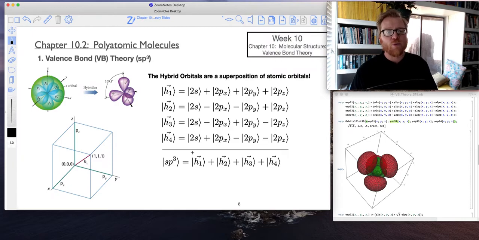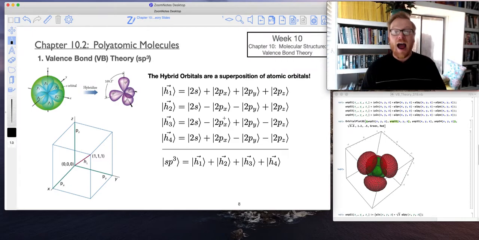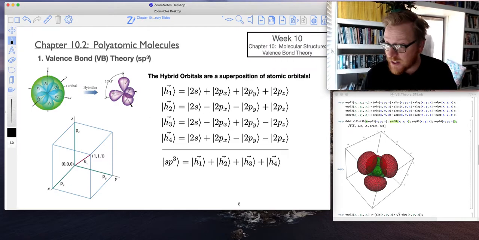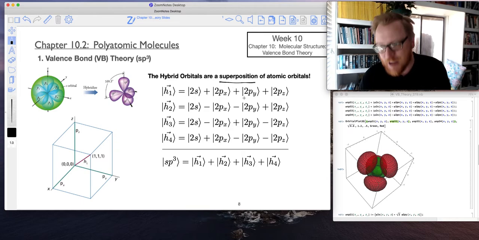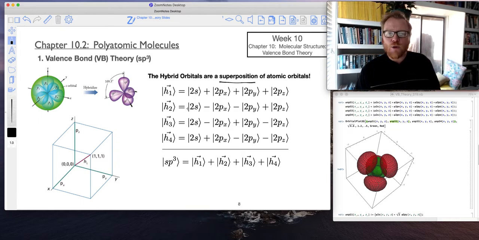But now, if we look at the new stuff, how we actually construct this through the process of quantum mechanics, that's right, hybrid orbitals are superpositions of atomic orbitals. And so this gets to be pretty intense. So let's put this all together.